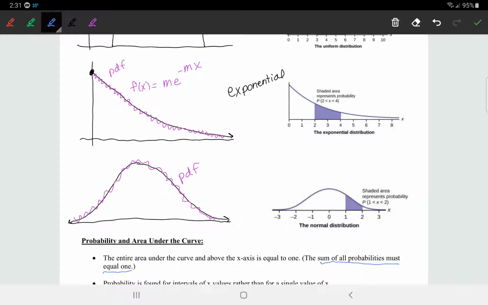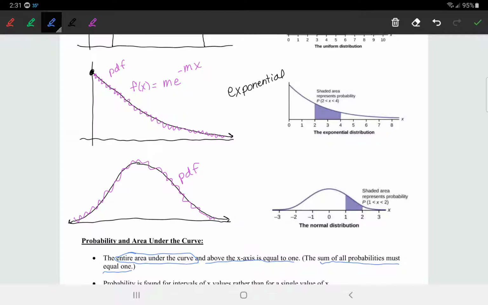So what that will mean for us is that the entire area under this curve and above the x-axis must be equal to 1. So for example, up top here in the uniform, 100% of the area will lie in the rectangle. For the exponential, then 100% will lie here. And it will keep going, getting smaller and smaller as it goes out.